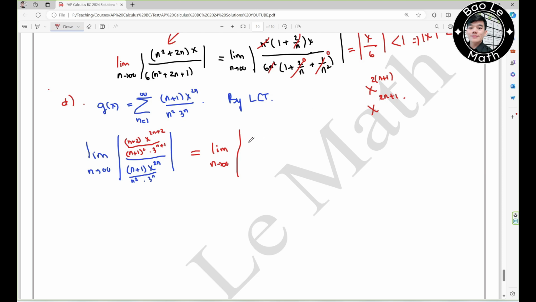It turns out to be (n plus 2) times s to the 2n plus 2 over (n plus 1) squared times 3 to the n plus 1, multiplied by n squared times 3 to the n over (n plus 1) times s to the 2n.